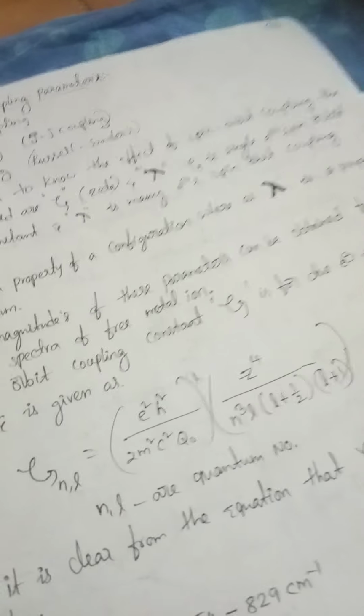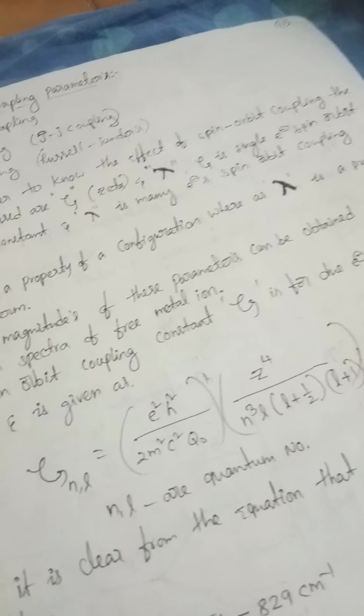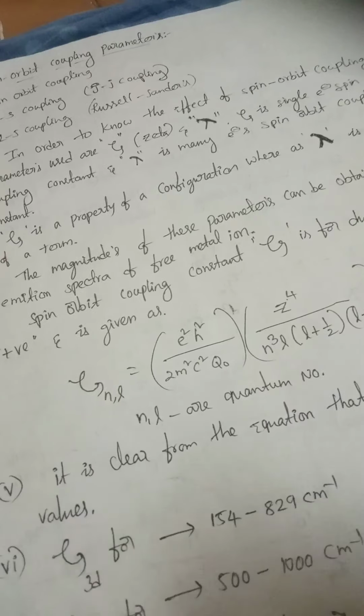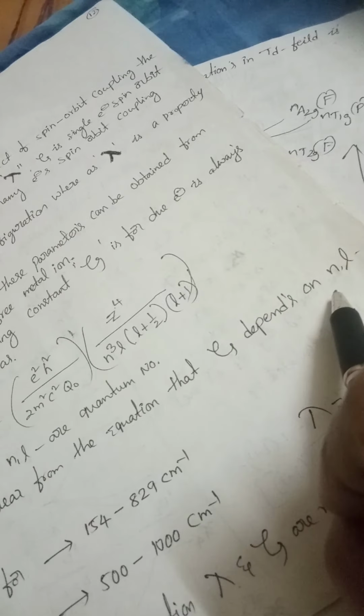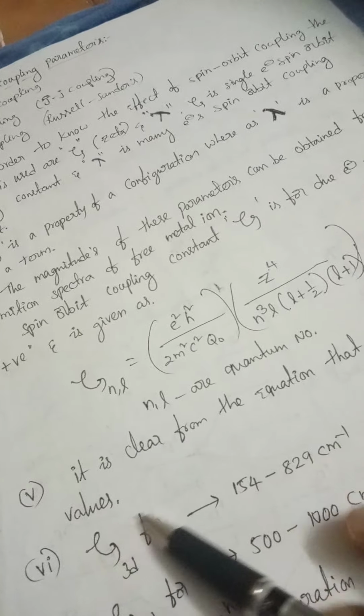We already know n is the principal quantum number and l is the azimuthal quantum number. It is clear from the equation that zeta depends only on the n and l values.